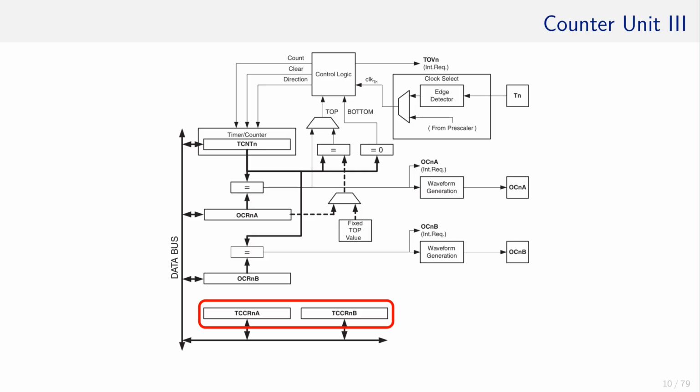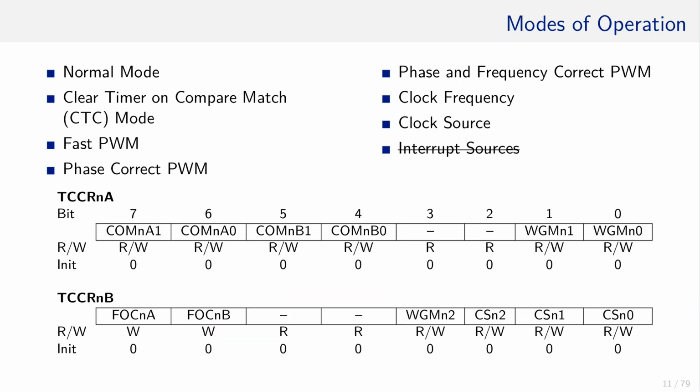Okay, let's start with the configurations that we can set in these two registers. The meaning of the other registers will then become clear along the way. There are 3 different modes: normal mode, clear timer on compare match, and pulse width modulation, abbreviated as PWM.